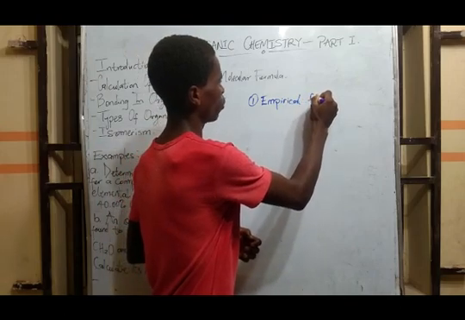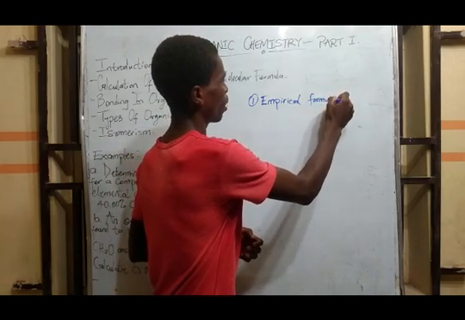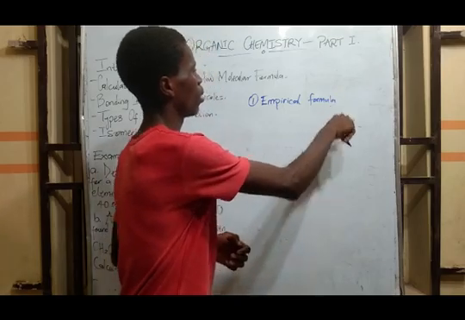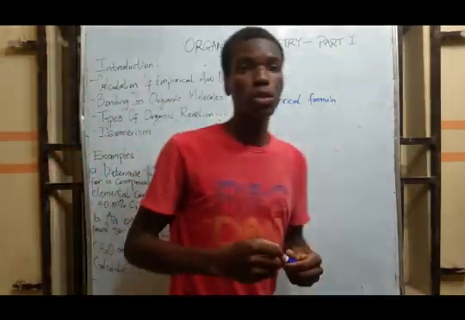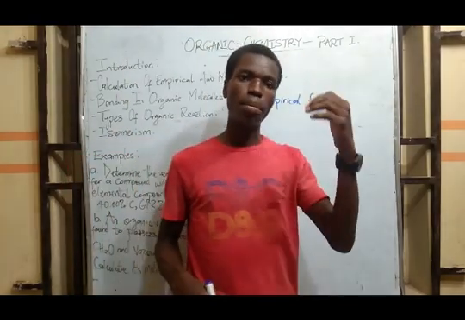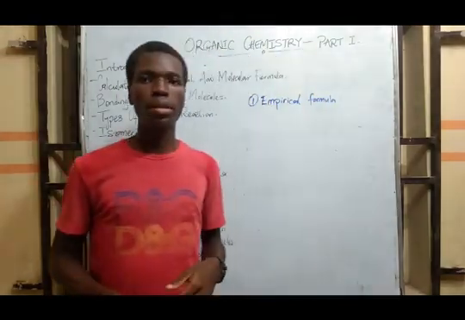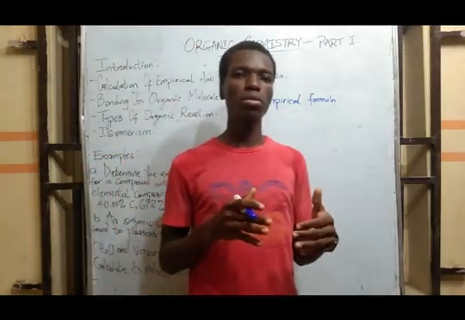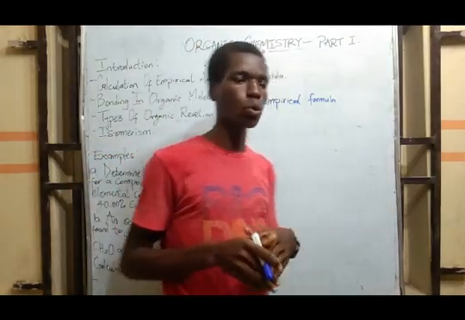And what is empirical formula? Empirical formula is the simplest expression of organic molecules, which tells us about the percentage composition and the number of atoms present in the molecule.